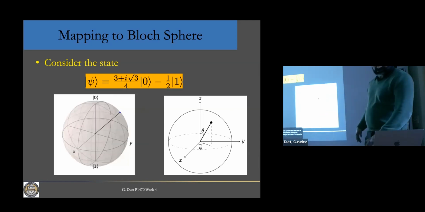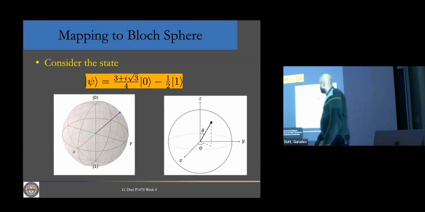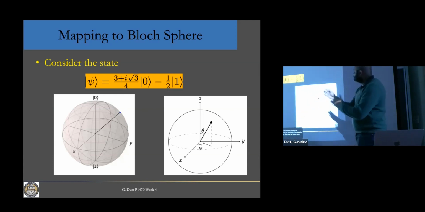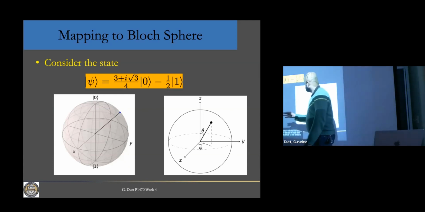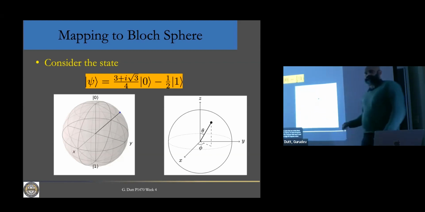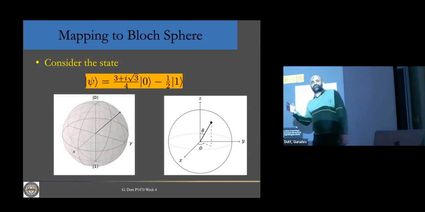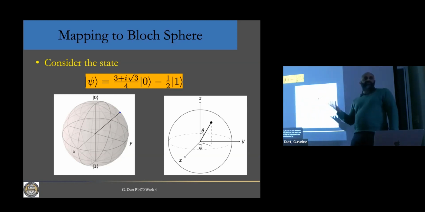So I just did that for the state that we wrote down, and it's somewhere over here. It's kind of hard to see, but because theta was pi over 3, it's making an angle of 60 degrees with the z-axis, but phi was pi over 6, which is greater than pi over 2.